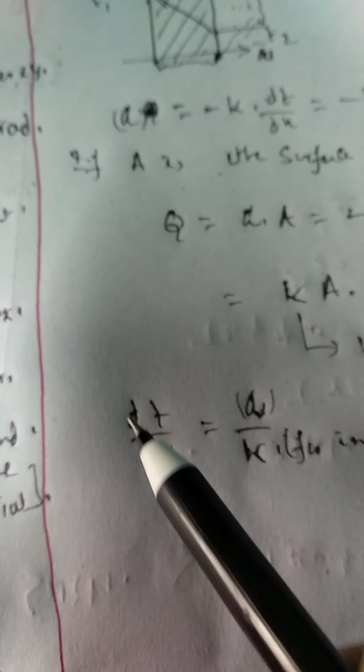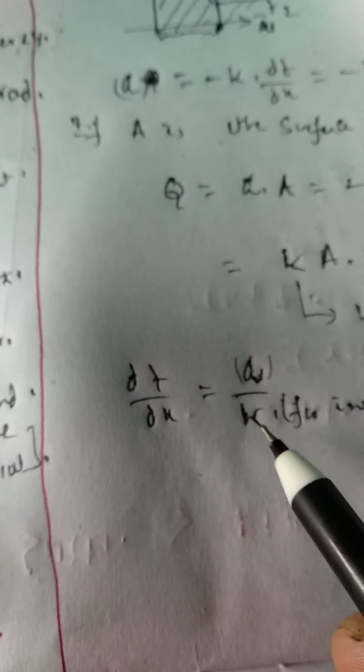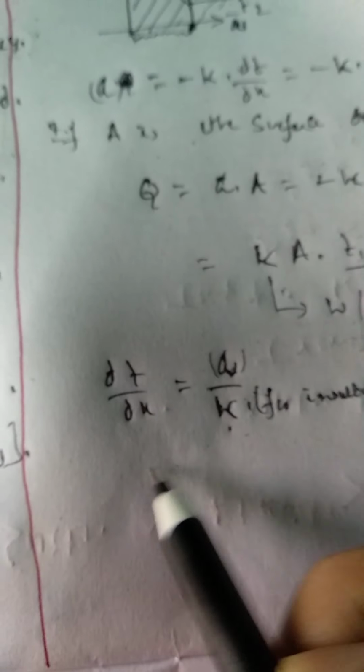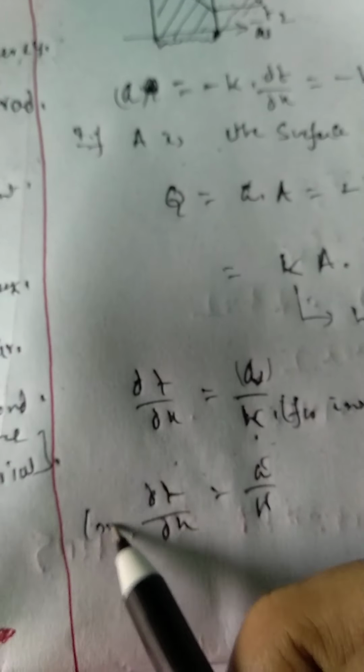This is true for insulating materials, that the temperature difference is very high because K is low. And for materials where K is high, like conductors such as copper and silver, the dT by dx will be small for conducting materials.